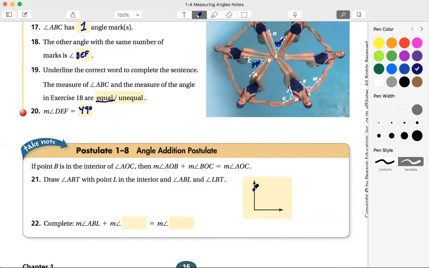So angle ABT, B has to be the vertex. Here is point L on the interior, and we're going to draw an angle that goes through it. And those are my two angles. Okay. So complete the statement. Measure of angle ABL plus measure of angle LBT equals the whole measure of angle ABT.